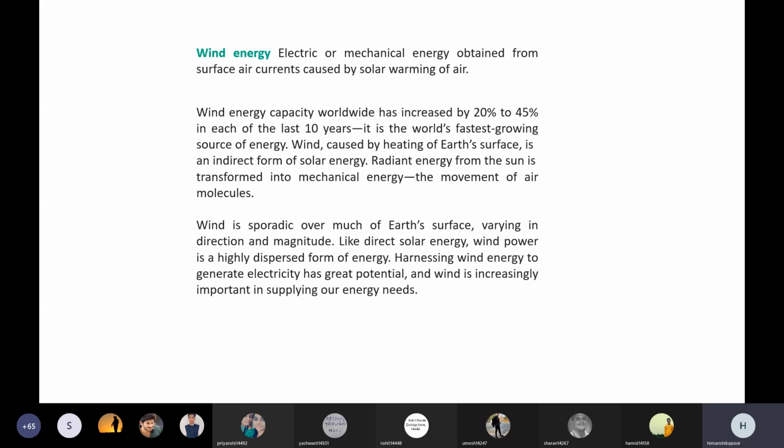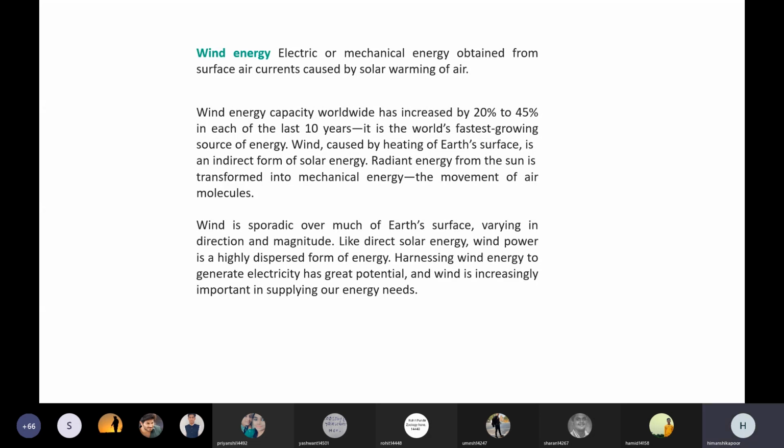This is a form of kinetic energy. And what is the main driving force behind the flowing of wind? Solar warming of air. Yes, the sun is the main driving force for the wind, and these high speed winds have a lot of energy due to the motion of the air molecules.